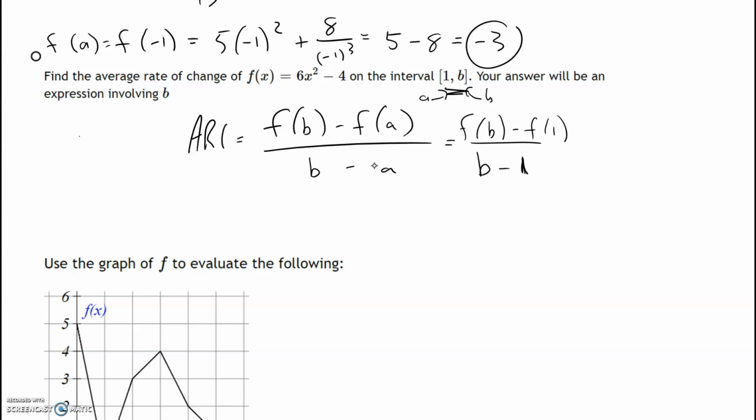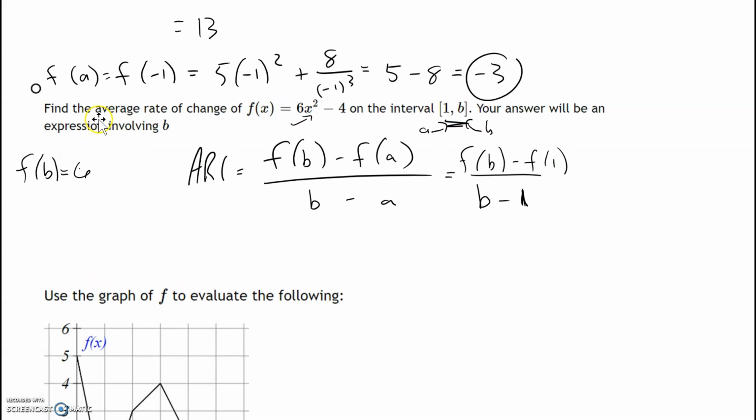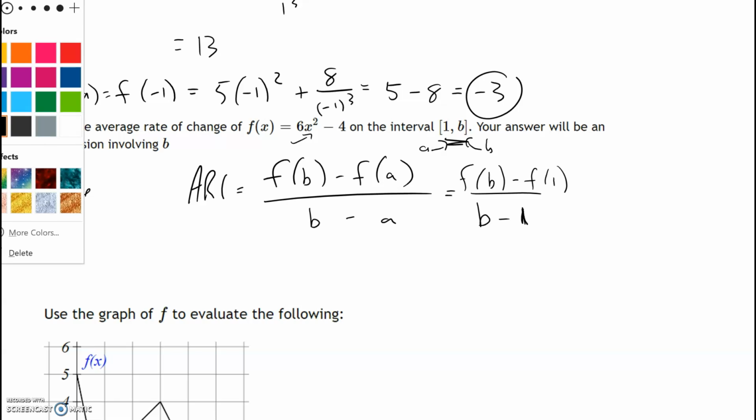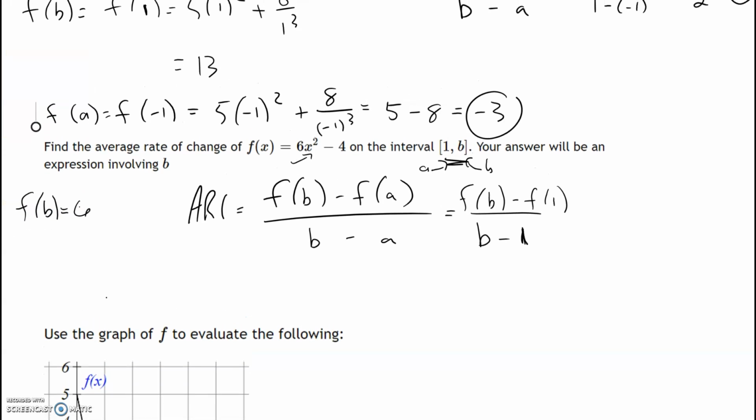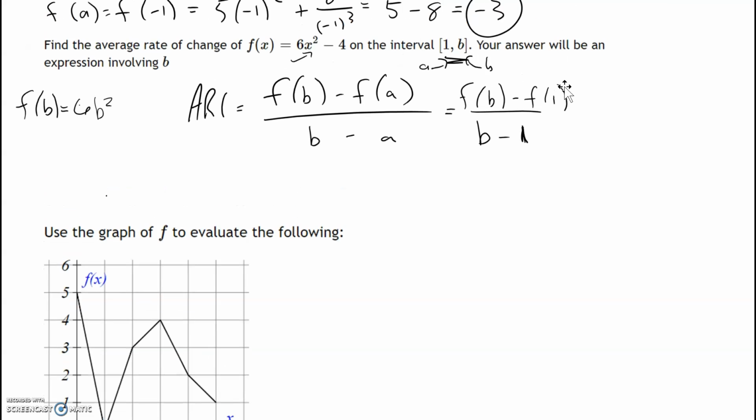And then we got to figure out what those are, just like we did in the last example. Only f of b is going to look a little funny. F of b means I plug in b here. Okay, again, so here's my function.